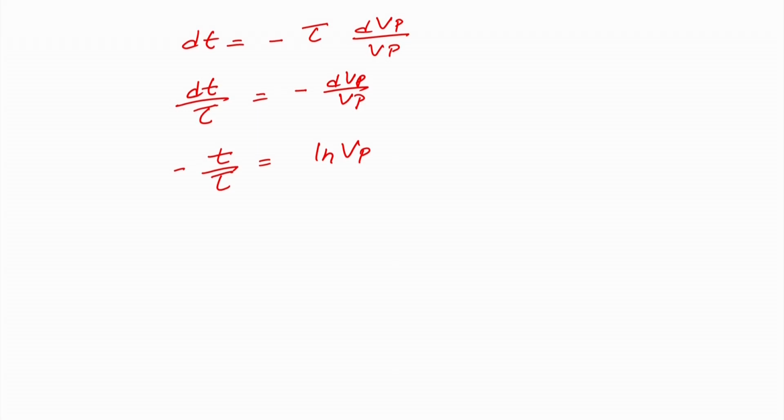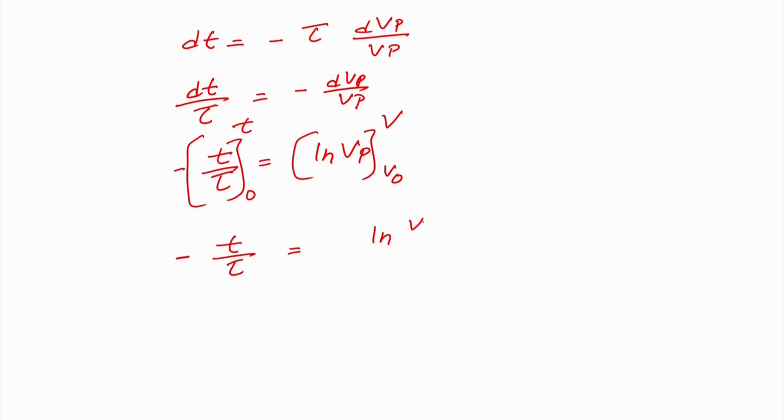Now, if you do that, say I assume that at time t equal to 0, the initial velocity was v naught, and at time t equal to t the velocity is v, then what you have to do? This will be minus t upon tau, this will be equal to ln v upon v naught. Okay.